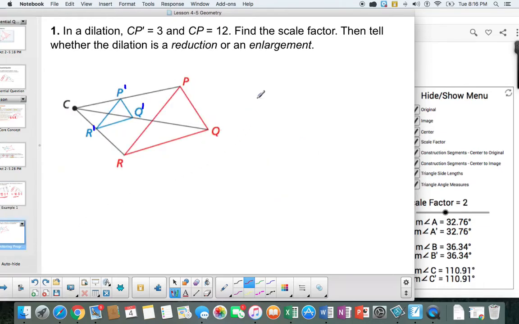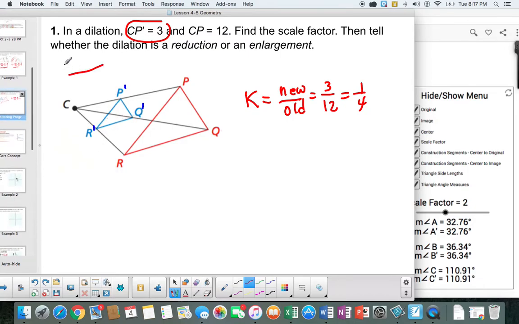Let's do it again, and k is the new divided by the old. So here's my new number, which is 3, the new length, and CP is the old 12, and this is 1/4. And we can see that this triangle is smaller than the original triangle.